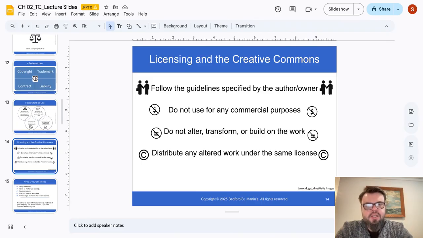Some licenses allow reuse but require attribution. Some allow remixing or adaptation, while others don't. Some allow commercial use, and others forbid it. The point is, a license is a permission structure, not a free-for-all.